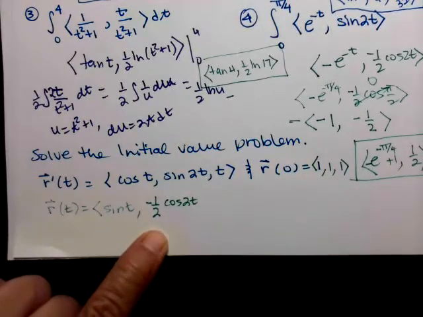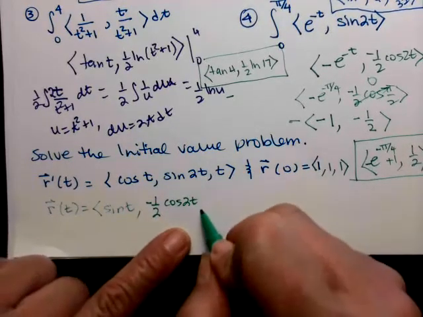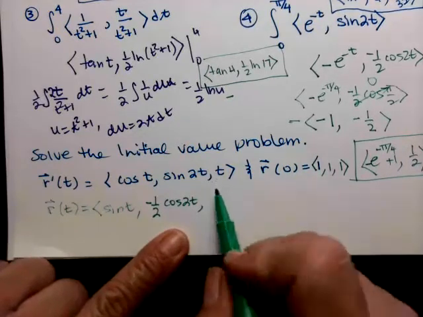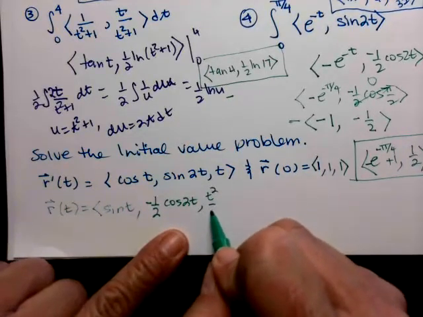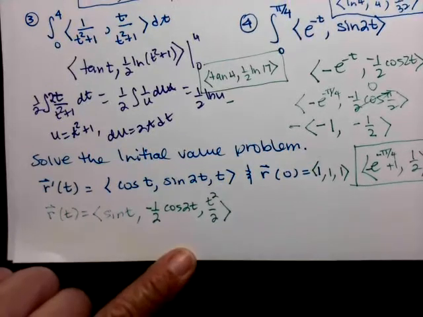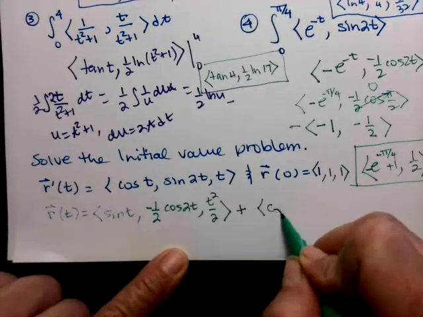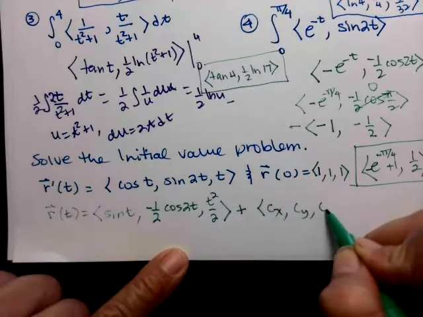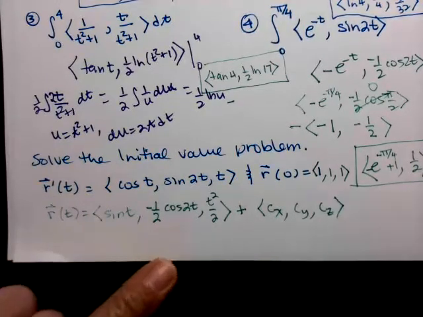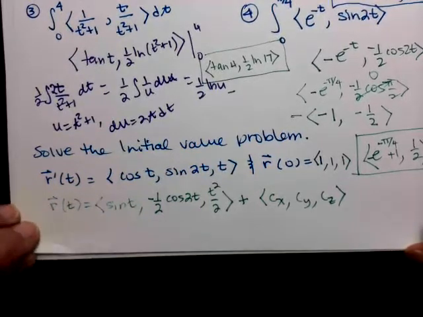You should convince yourself that that's what it's supposed to be. Comma, and then this is going to be t squared over 2. Okay. And then I have plus that c vector. So let's just call it cx, cy, cz. Okay, and then let's find those cx, cy, and cz.